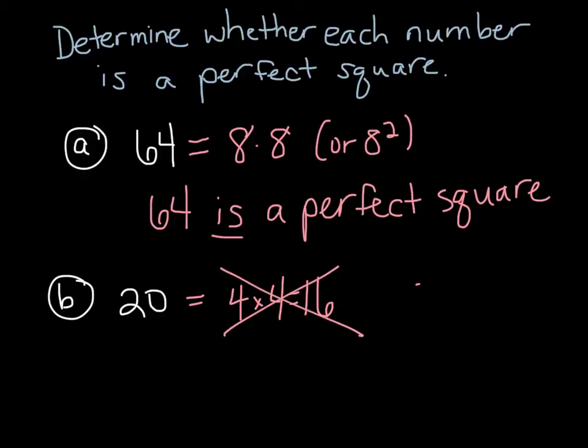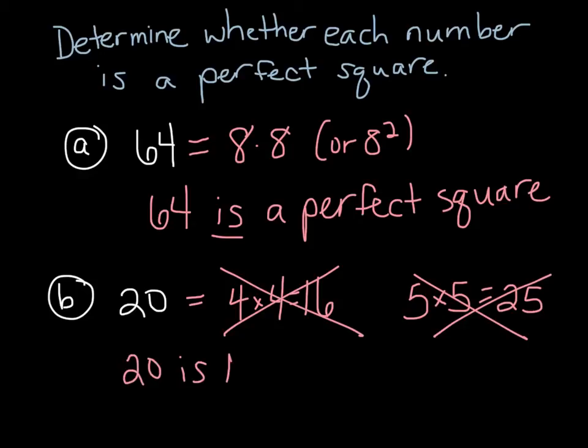And then 5 times 5 would be the next possibility, and that equals 25, and that's not going to work. And since 20 is right in between those, then that means it is not a perfect square. There is no whole number that could be multiplied by itself 2 times to equal 20. So we say 20 is not a perfect square.